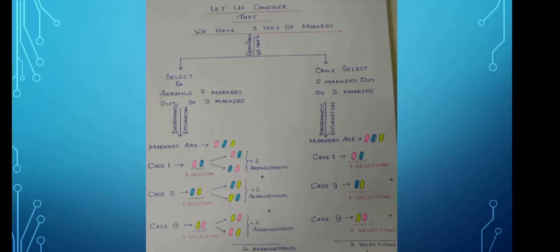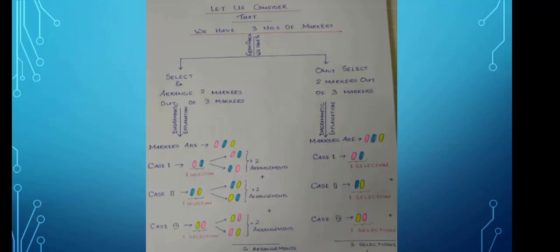Similarly, coming to case 2, this time I have selected the last two markers, the blue one and the yellow one. These two markers I can arrange in two ways again. The blue one I can keep first, followed by the yellow one. After that, I can keep the yellow one first, followed by the blue one. Again, I got two arrangements.